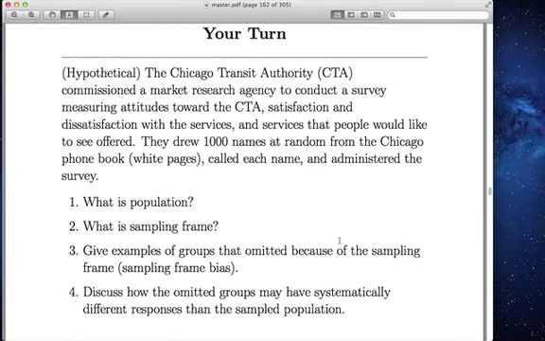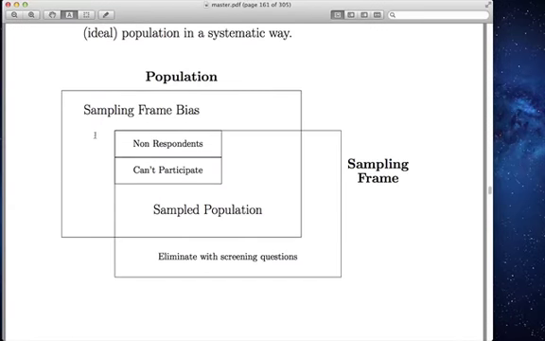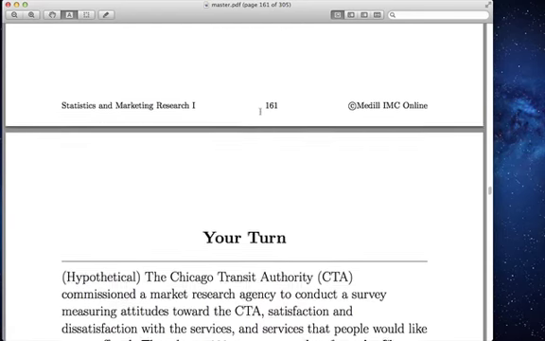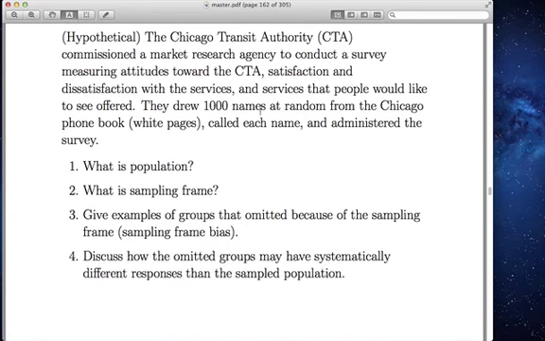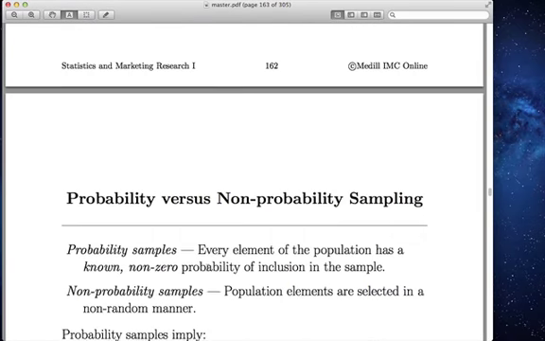Then I want you to think about which groups are omitted because of the sampling frame. So what sorts of people sit out in this region? And then how might these omitted groups affect the statistics that you're estimating? So let's just think through the biases here. All right, so again, let's have that as a discussion board question.